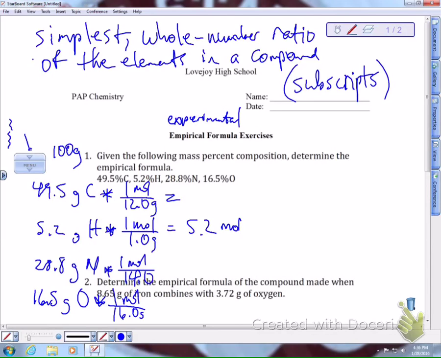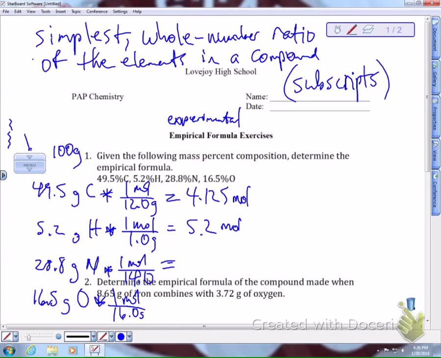49.5 divided by 12 is 4.125. And no, we're not really that concerned about sig figs here because we're taking ratios. In fact, the more decimal places you have here, the more accurate your final ratio will come out to be. So just get at least 2 decimal places here. I've learned over the years that that is plenty.